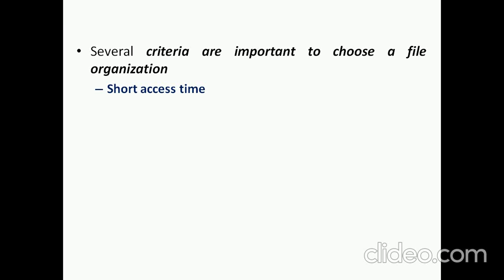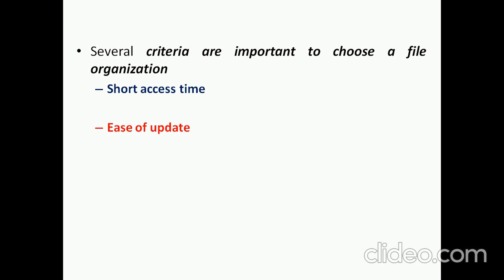If it takes a higher time, obviously the throughput will degrade and the performance of the system will go down, so the shortest access time is highly required, whatever organization we are having. Next, ease of update. The main reason for having the file system is to perform certain operations on our own data.